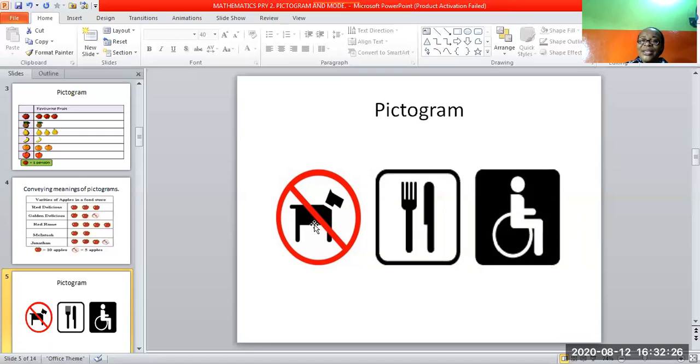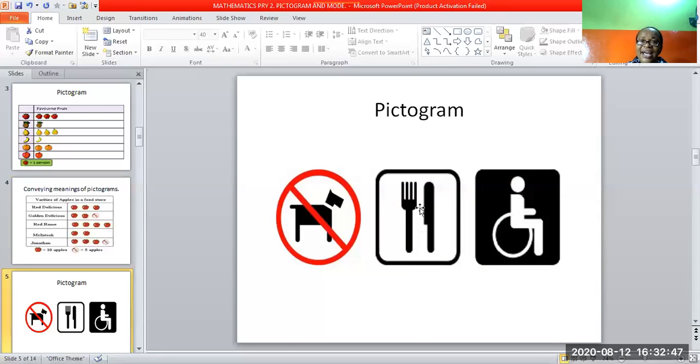Let's go along with our Super Saver store. Let's assume we are still in the Super Saver. If we see this sign, it means no pets, no animal of any sort is allowed in the store.